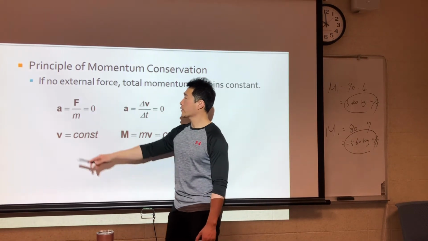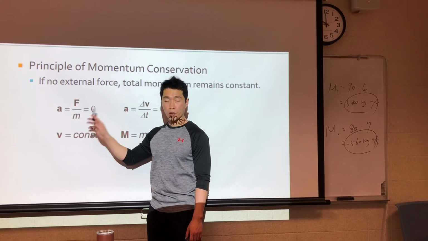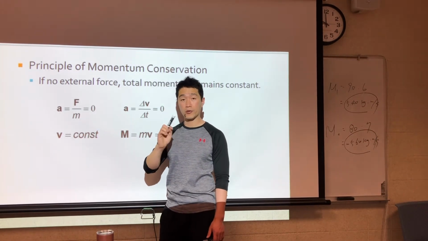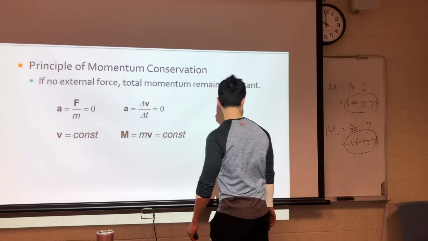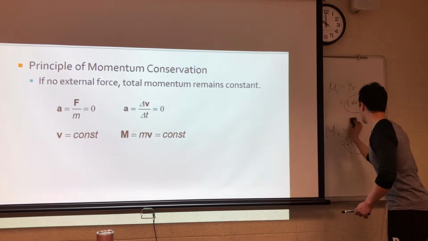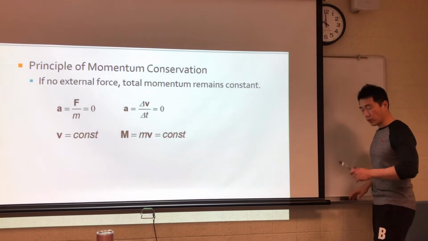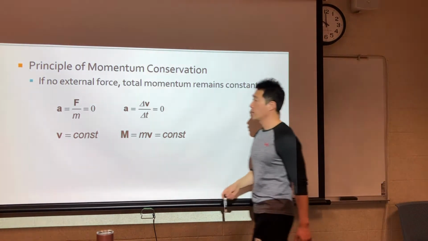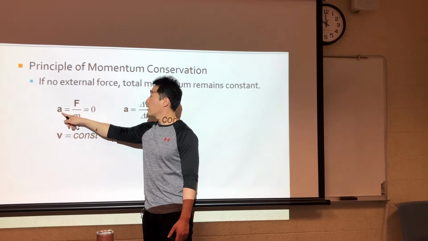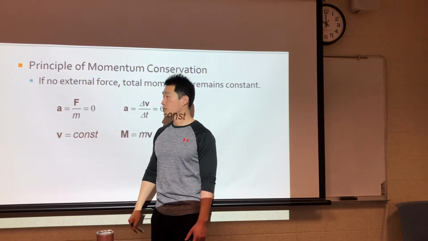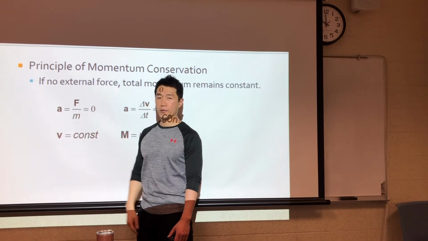No external force, which comes from Newton's second law of motion, the law of acceleration, as you learned. If you have no additional force, then the force is zero. A is equal to F over M, so if F is zero, then A is also zero.